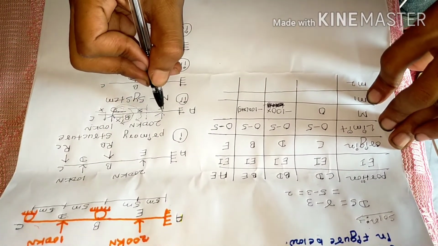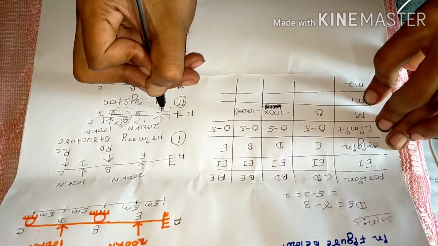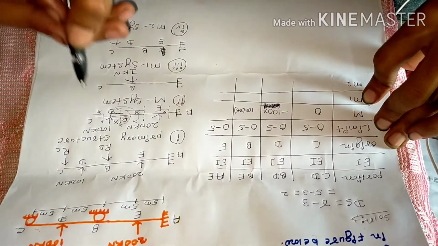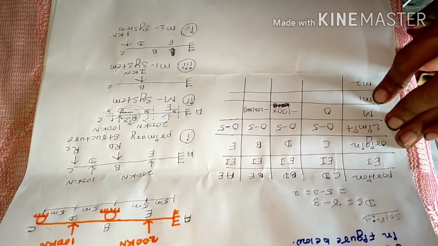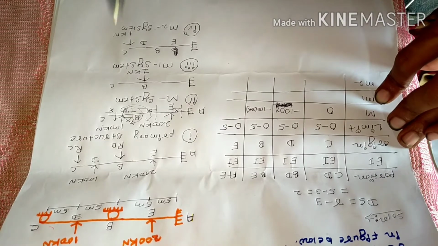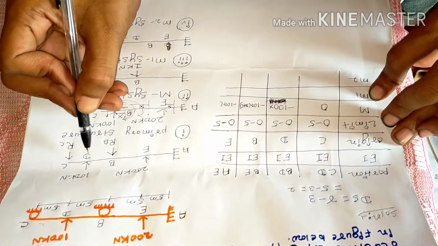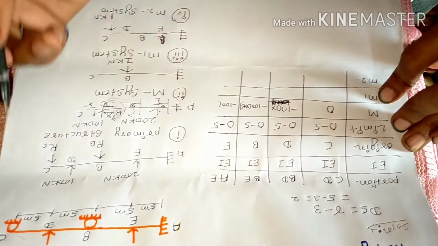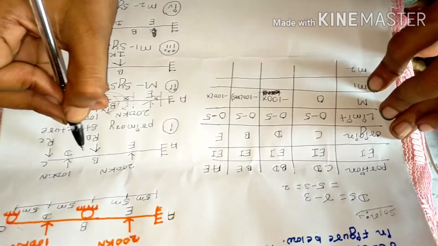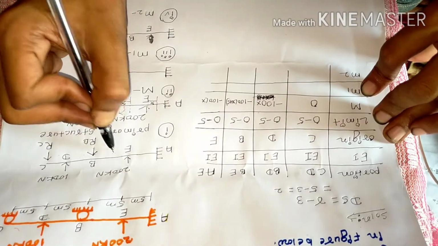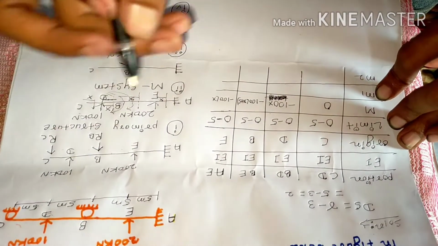Now let us move towards portion AE. In portion AE, first let us take a section at a distance of x from the origin E. This 100 kilonewton force will rotate this section in clockwise direction, and we know on moving from right to left clockwise moment is taken as negative, so minus 100 into perpendicular distance, which is 5 plus 5 plus 5 plus x, that is x plus 15.